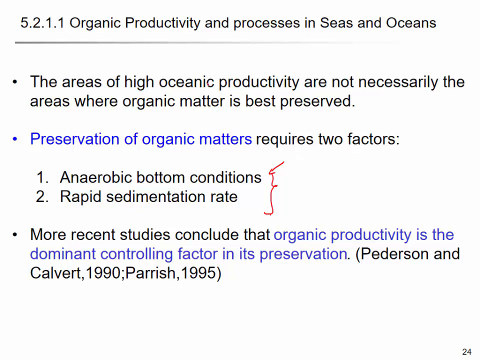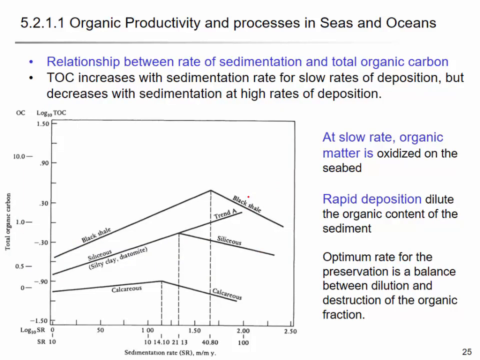And the rapid sedimentation rate means that there will be sediment coming in, so that you can go deeper and deeper faster. So this is a good graph showing preservation versus the sedimentation rate.